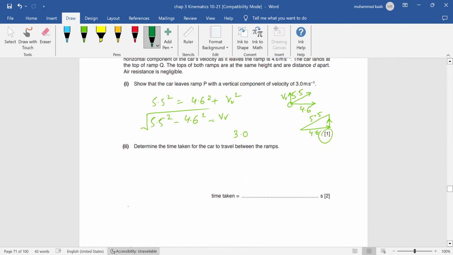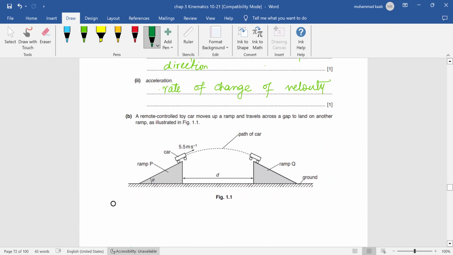So we have the initial vertical velocity. I'm considering half of the vertical motion, from this point to the max height, so that I can easily take the final velocity as zero. Whatever time I get, I'll multiply it by two to get the full time.